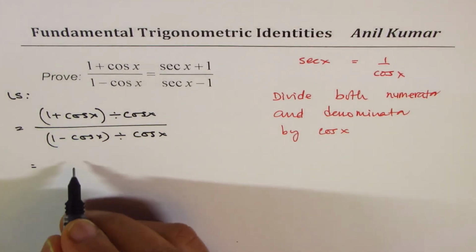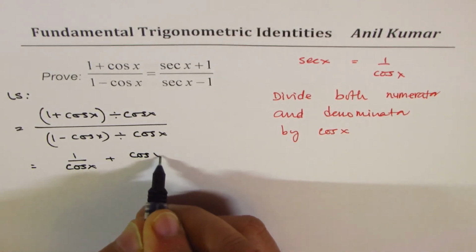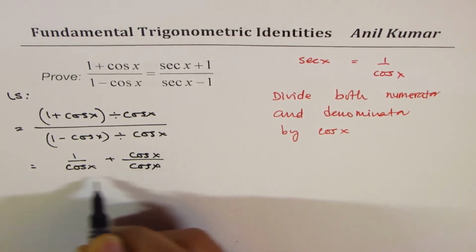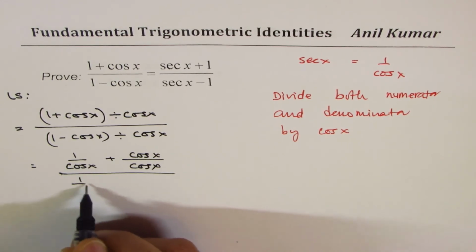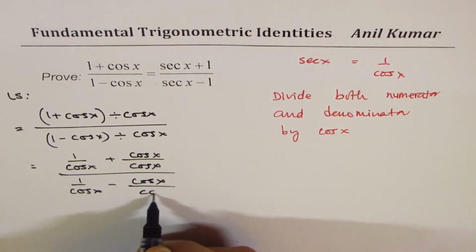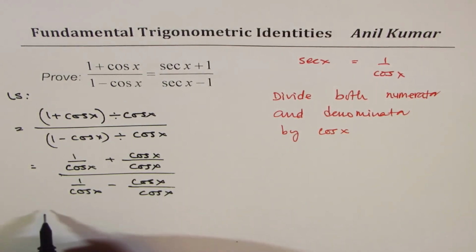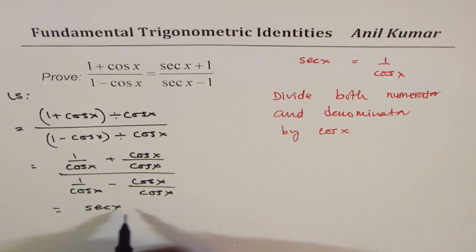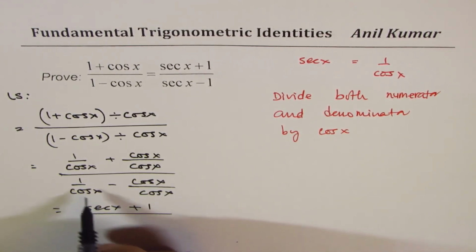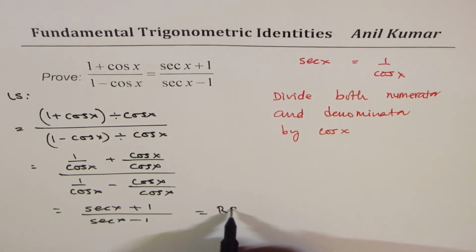We get, when you divide, 1 over cos x plus cos x over cos x over 1 over cos x minus cos x over cos x, correct? Now 1 over cos x is secant x. So you could write this as secant x plus 1. And here we have secant x minus 1, right? Which is the right side.